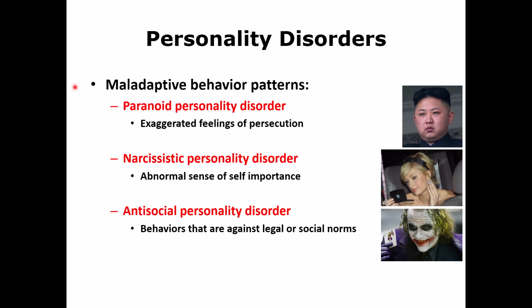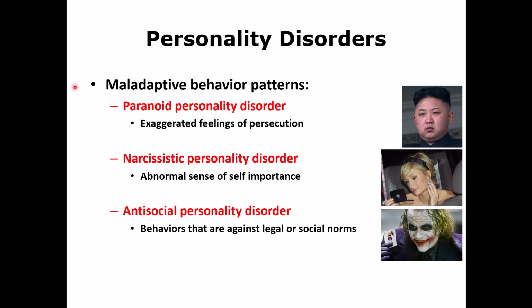Narcissistic personality disorder, here the person is so obsessed with himself or herself. I gave an example of Paris Hilton, but there are also politicians who are very narcissistic. Sometimes they are obsessed with their own interests. Antisocial personality disorder, these are the ones who do very abnormal social activities.